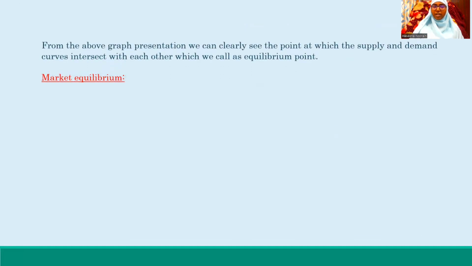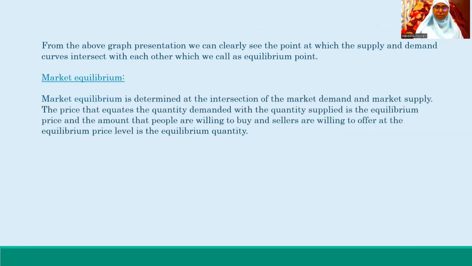In the graph, it clearly represents the point at which the supply and demand curves intersect with each other, which we call the equilibrium point. Then what is an equilibrium? Market equilibrium is determined at the intersection, which means the joining of the demand and supply curves. The price that equates the quantity demanded with the quantity supplied is called the equilibrium price.